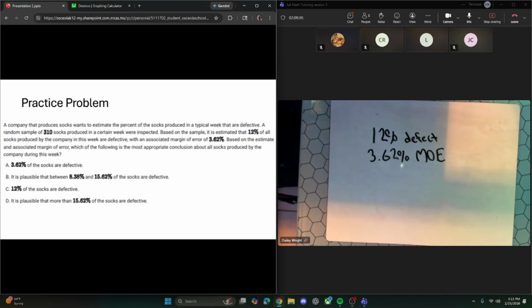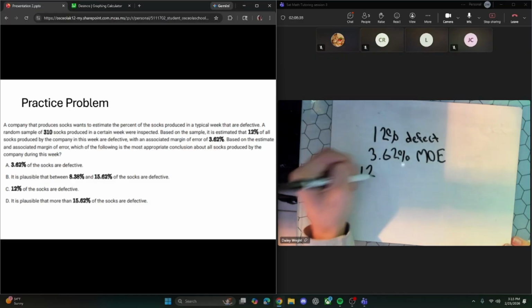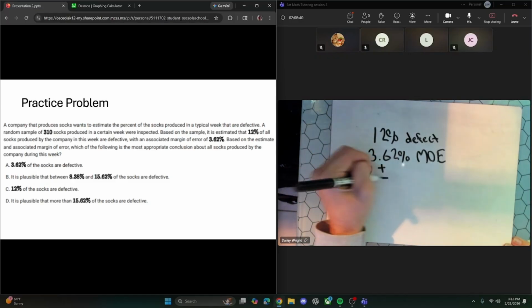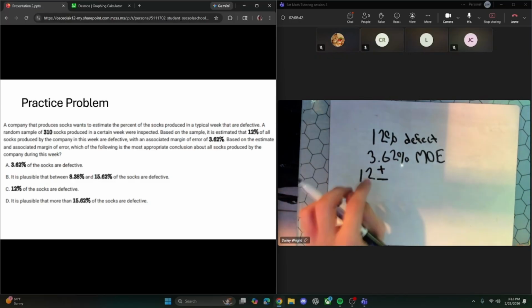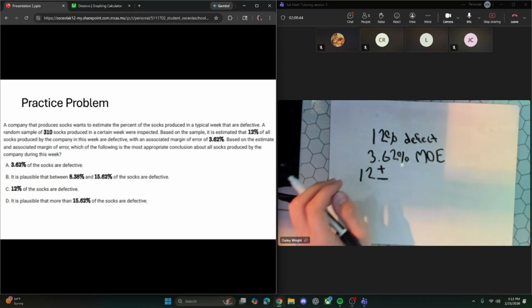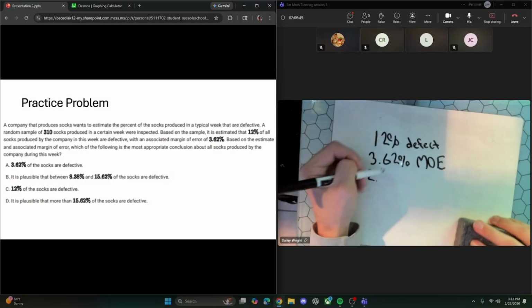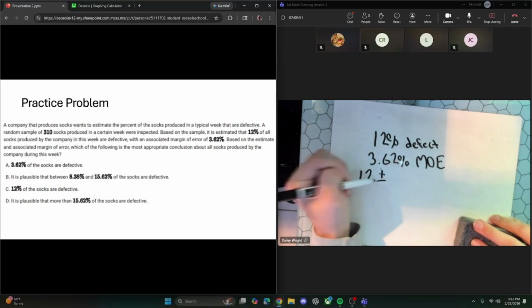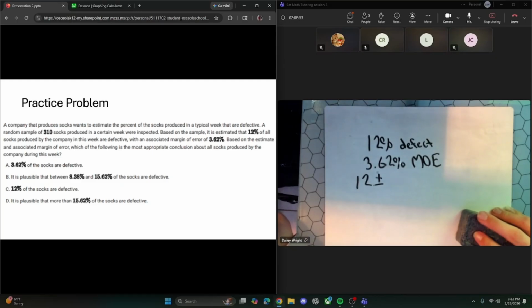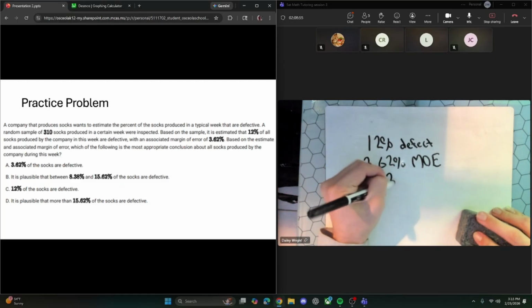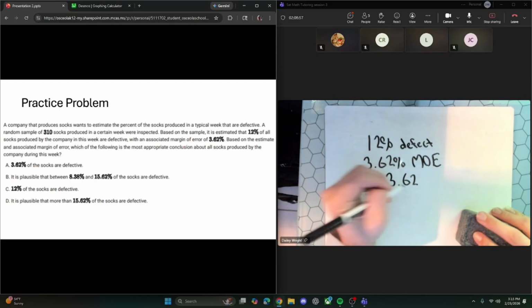Well, let's go ahead and solve for our margin of error. So our margin of error interval is going to be 12 plus or minus 3.62.